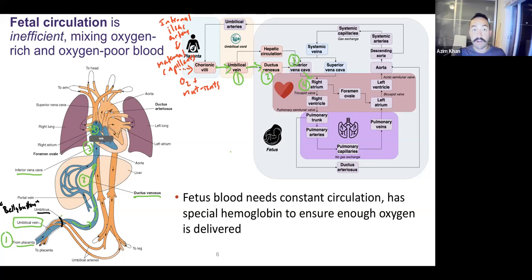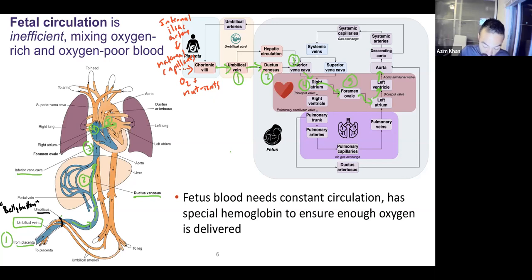And then here it gets more complicated. We could go the normal route of pulmonary circulation, just like in an adult. We could do that. Some blood does do that. We could go through the foramen ovale. That could be our step five, bypassing pulmonary circulation, getting to the left side of the heart.